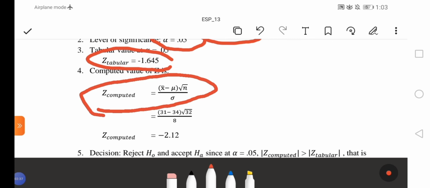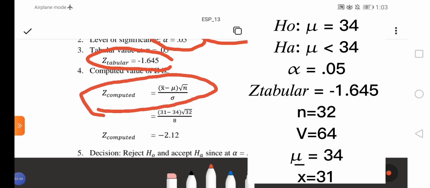And for our next step, in solving the z, we have to do substitution. Our sample mean is equal to 31, and our population mean is 34. Our sample size is 32 and our standard deviation is 8.